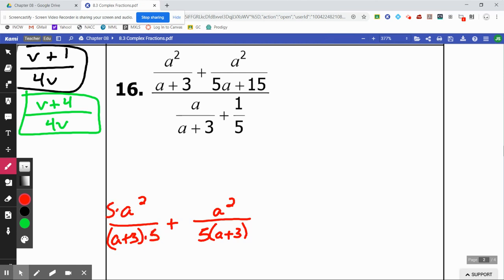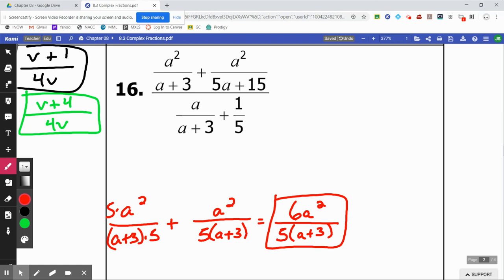It doesn't matter if you put it first or last. And you can combine the tops now. You have 5a squared plus a squared gives you 6a squared over 5 parentheses a plus 3. And nothing reduces there. We're just going to leave that as is. So there's the top.